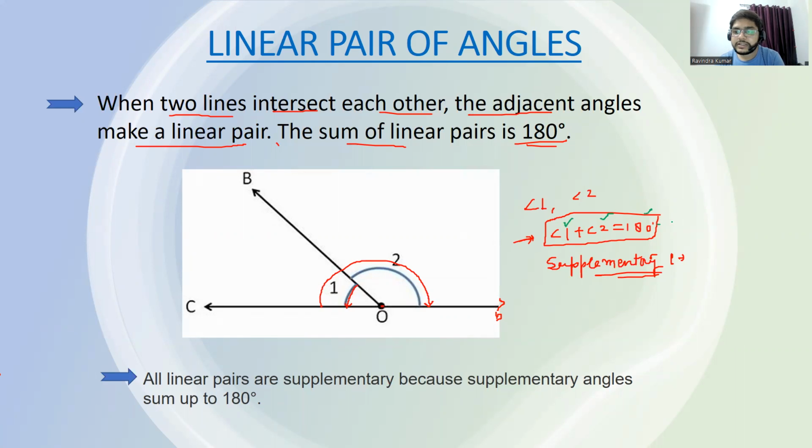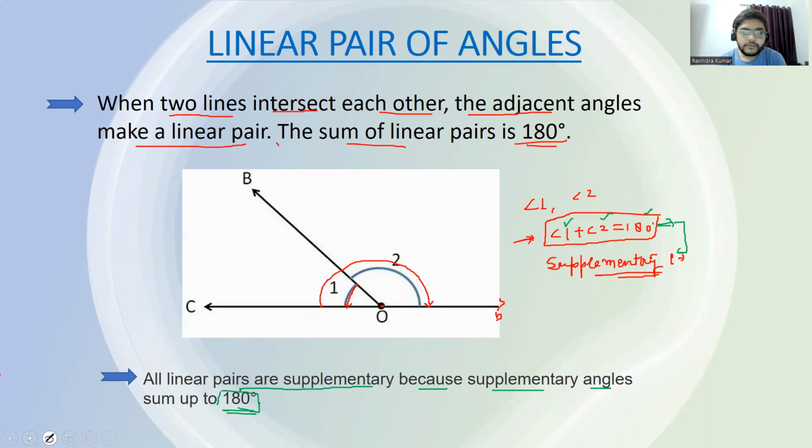So can we call it supplementary? Yes, we can call it a supplementary angle. It is written here: all linear pairs are supplementary. Why? Because supplementary angles sum up to 180 degrees, right? In the same way, here also it sums up to 180, so it is called supplementary. So a linear pair always forms supplementary angles.